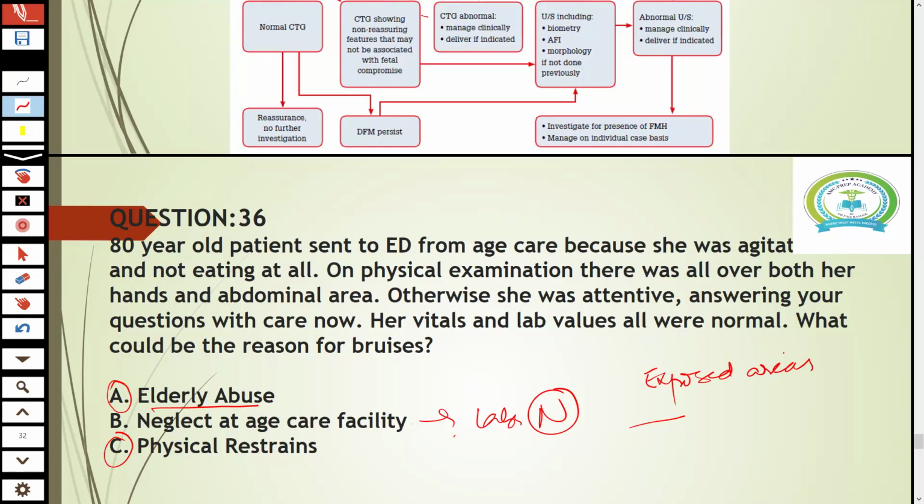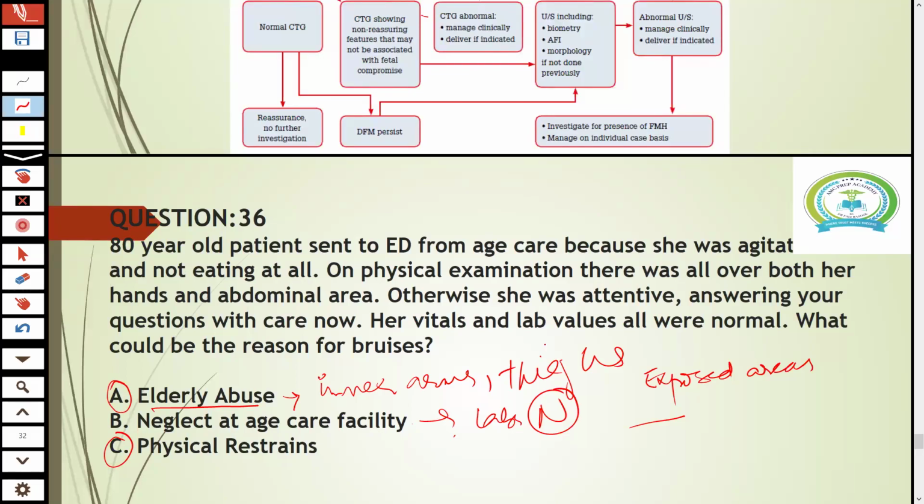You hold the patient from the hands, or from the back or the abdominal area. That might lead to bruises as well. If it were elderly abuse, the bruises most probably would be in hidden areas like the inner arm, thigh, upper thighs.